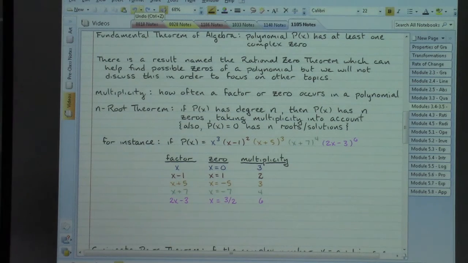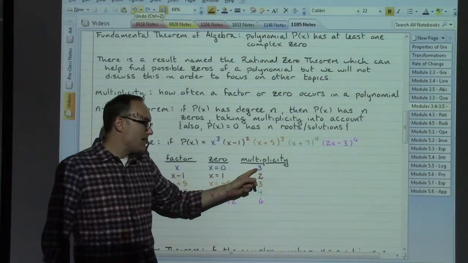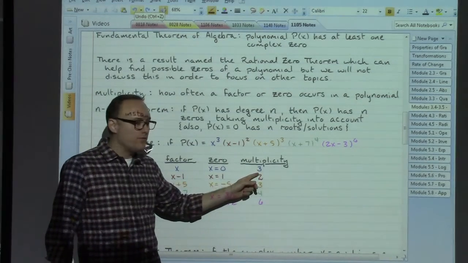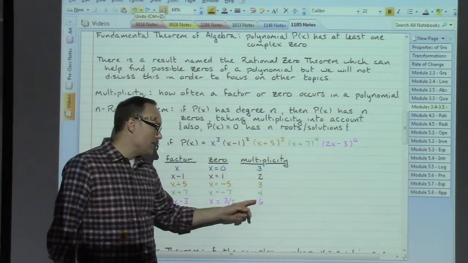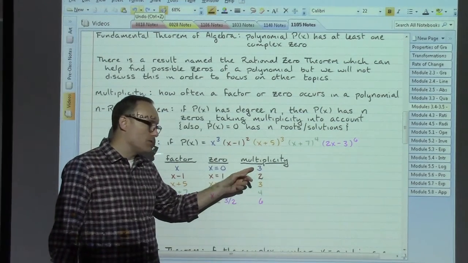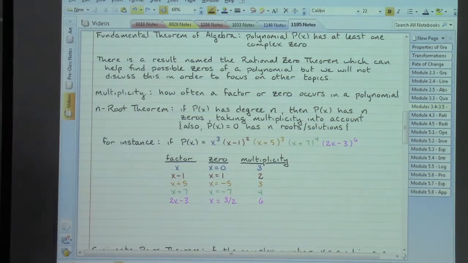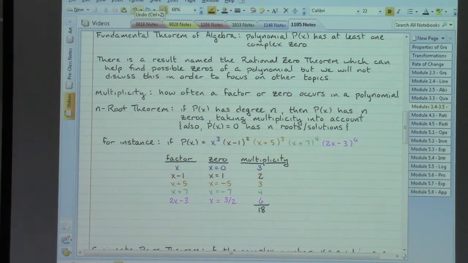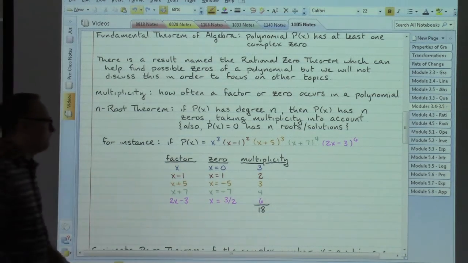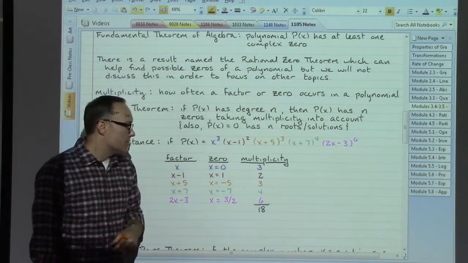So now, let's bring in this N Root Theorem. If we take into account all of the repeated factors, 6 of these, 4 of those, 3 of those, 2 of those, 3 of those, and we add up all these multiplicities, that's something worth knowing about. If we add up all of those multiplicities, we get 18. This is what this N Root Theorem is telling us.